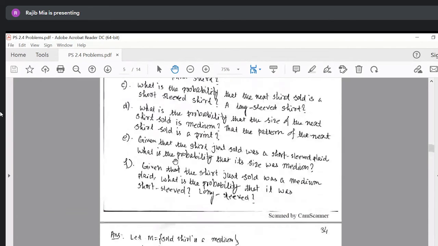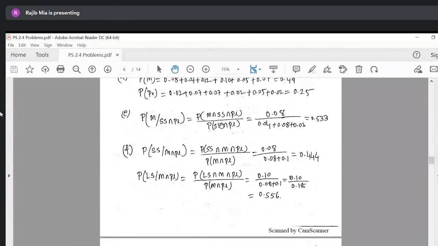So in this question, the shirt that sold was a short sleeve plaid. It is given. Short sleeve means SS and plaid means PL, so SS intersection PL. Then its size was medium. We have to find this probability that its size was medium, M. So we have to find the probability of M given SS intersection PL.